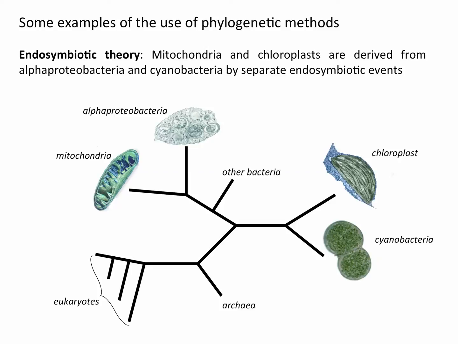The theory proposes that chloroplasts and mitochondria evolved from certain types of bacteria that eukaryotic cells engulfed through endophagocytosis. These cells and the bacteria trapped inside them entered into a symbiotic relationship.